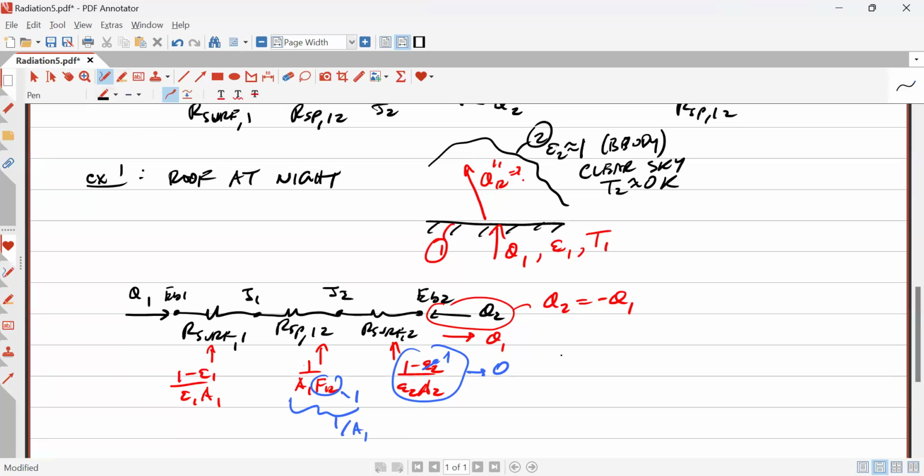So if we were to combine these 3 resistors in series, we can say R total is equal to (1 minus epsilon 1) over epsilon 1 A1 plus 1 over A1, which means that when we use a common denominator, we have (1 minus epsilon 1 plus epsilon 1) all over epsilon 1 A1. The epsilons cancel out. And so what we get is 1 over epsilon 1 A1.